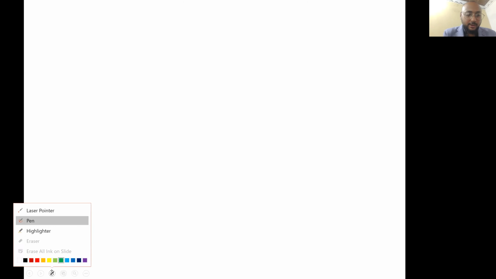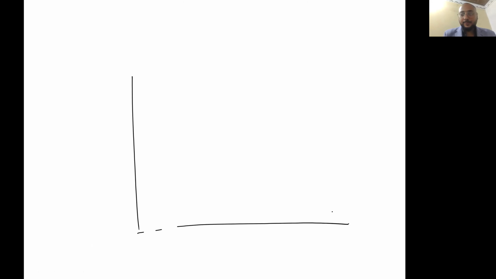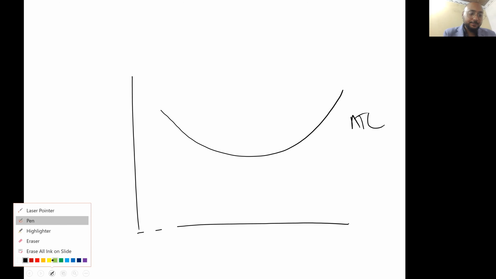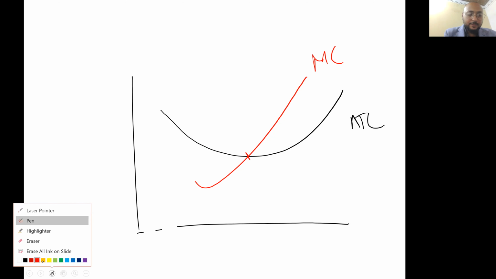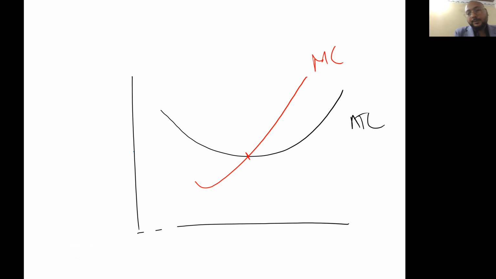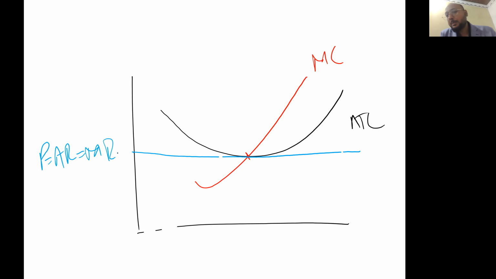Excuse my drawing, it is really bad. Average total cost, MC cuts the ATC at its minimum, and we have price is equal to AR is equal to MR.